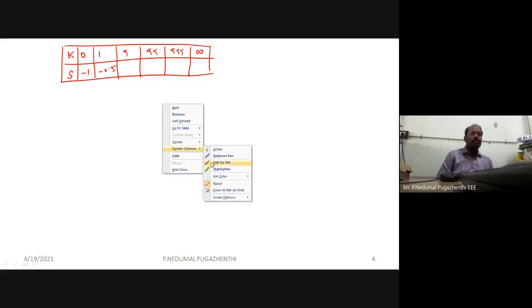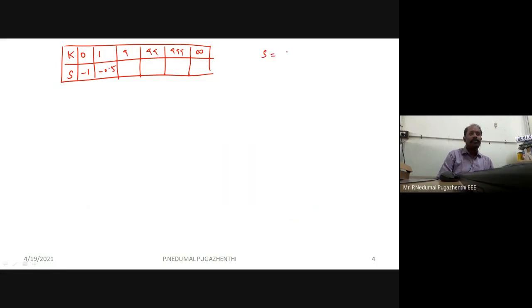I will also write the relationship which helps in deciding that: s is equal to minus 1 divided by 1 plus K. If I put K equal to these values, I get minus 0.1, minus 0.01, minus 0.001, and this is going to be 0.